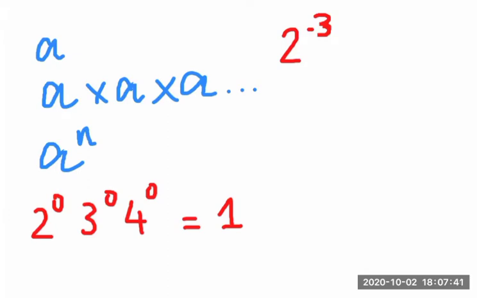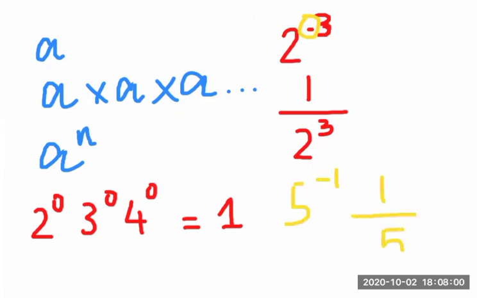That is 1 upon 2 power 3, because to remove this negative, I'll take the 2 to the denominator. So if I have 5 power negative 1, that becomes 1 upon 5, and we have a power 1 here, but we ignore that.